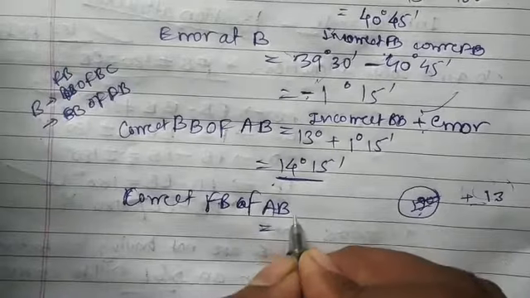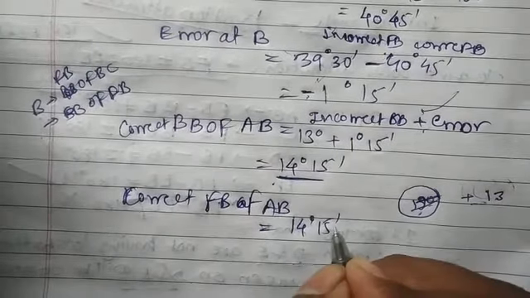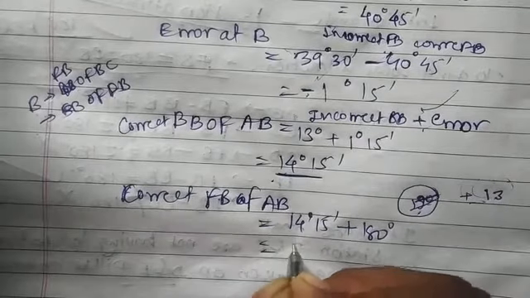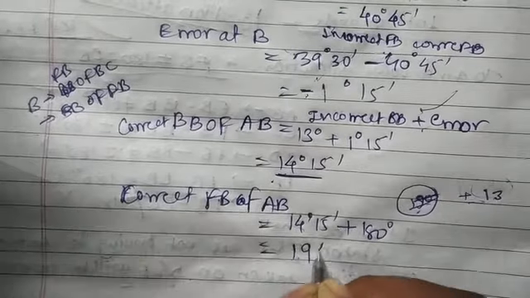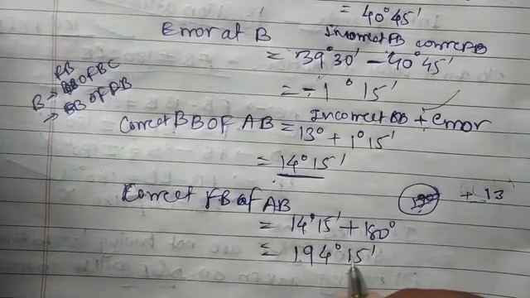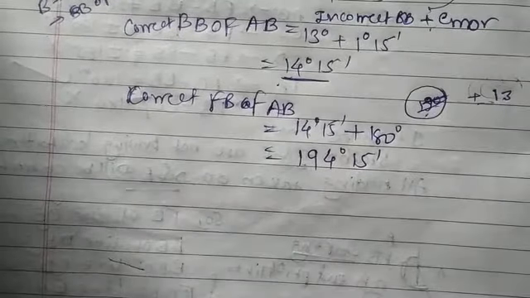So we have got correct back bearing, that is 14 degree 15 minutes. So correct fore bearing will be this plus 180 degree. So how much it will be? 194 degree 15 minutes, if I'm not wrong. Okay, so this is correct fore bearing of AB.